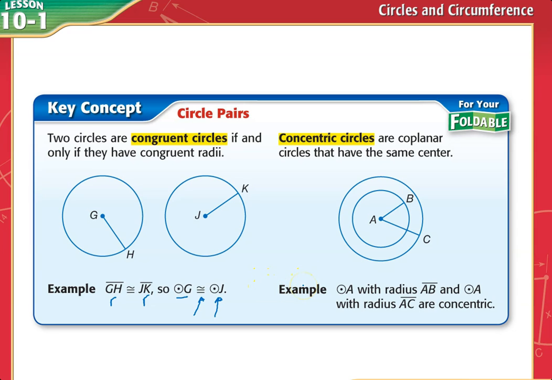They are coplanar, so they live on the same plane, and have the same center. They both have center A, but one of these circles has a radius of segment length AB, and the other has a segment length of AC. But they share the same center.